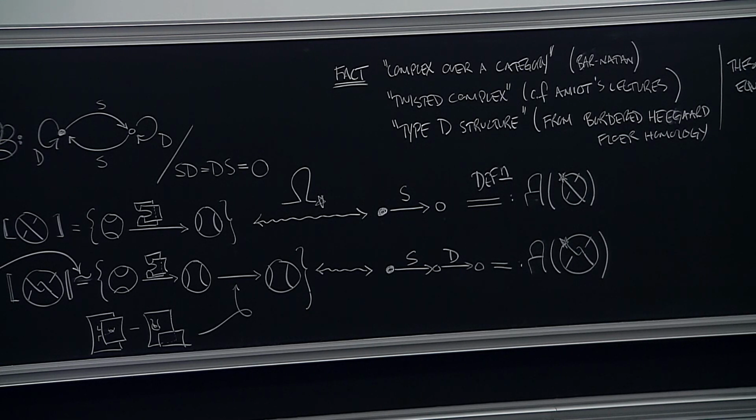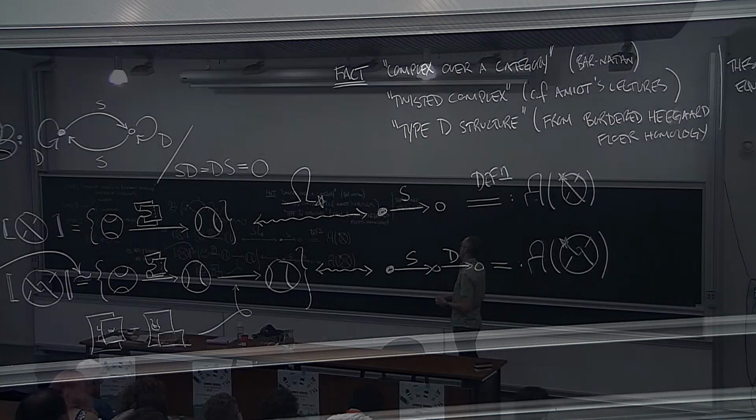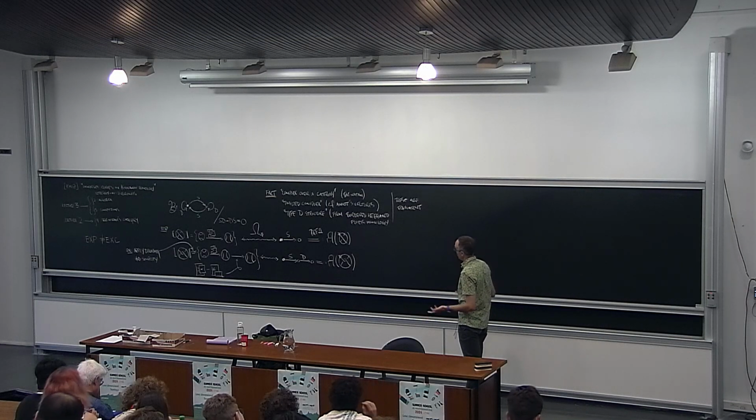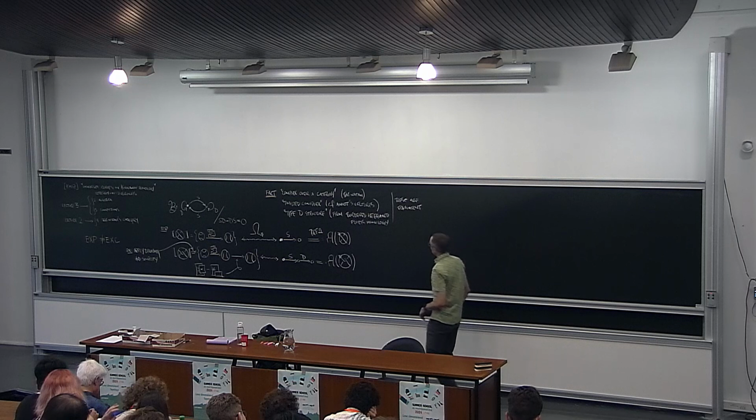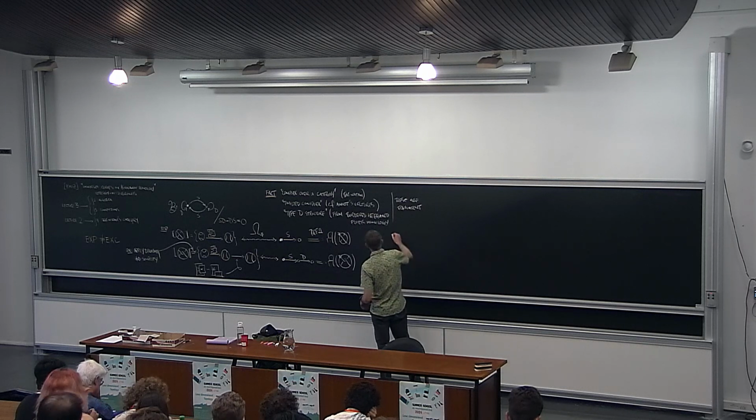Now, I did some hand-wringing in deciding whether or not I should introduce type D structures, and I decided that I'm going to. The reason is that, first of all, that is language that we're using in our paper. Second of all, I'm somewhat used to them because of bordered Heegaard Floer homology.